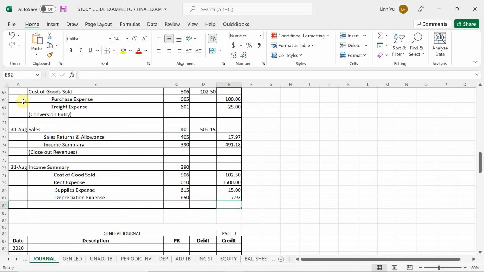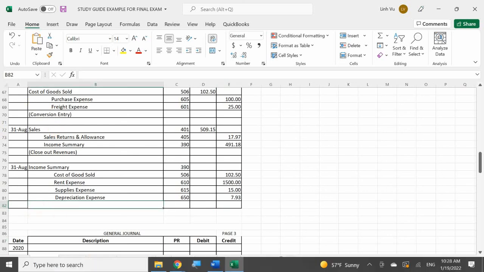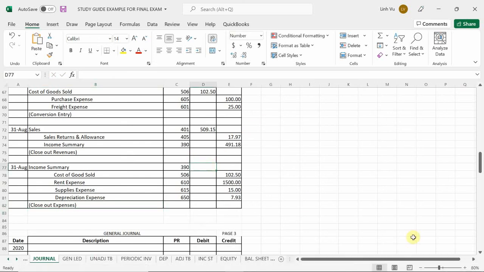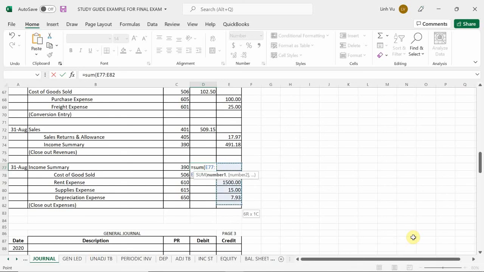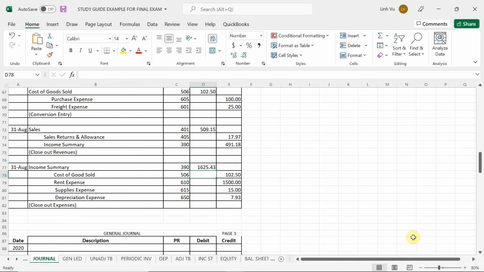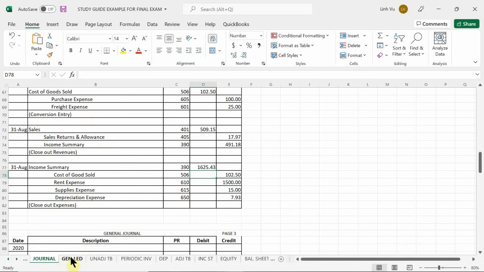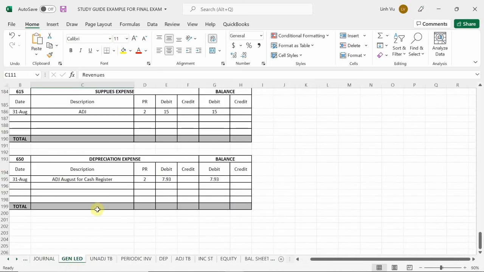So what is my total expenses? $1,625.43. Good. So now we got to go to my ledger, right? We got to zero out everything.